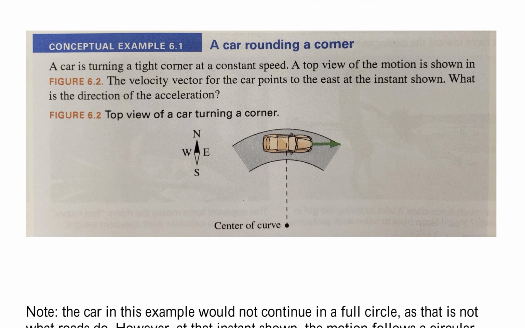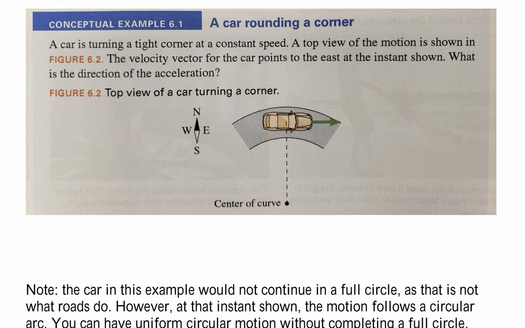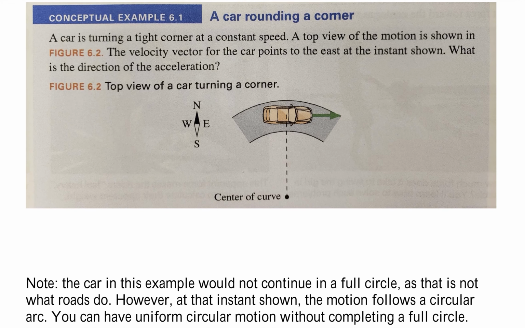So now, in this example, we have the car rounding the corner. The car is turning the tight corner at a constant speed. This is the top view of the motion as shown in the picture. And the velocity vector for the car points to the east at the instant shown. What is the direction of the acceleration? So we have the compass here.